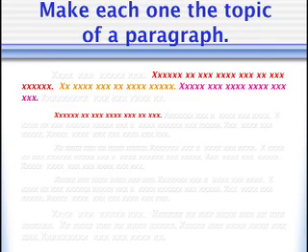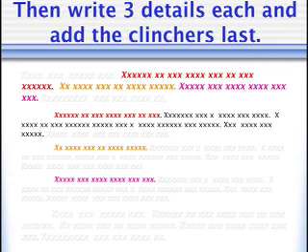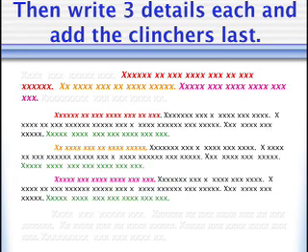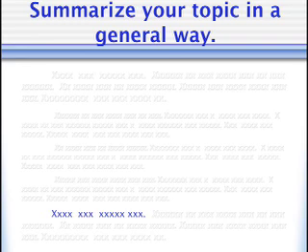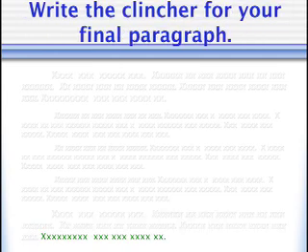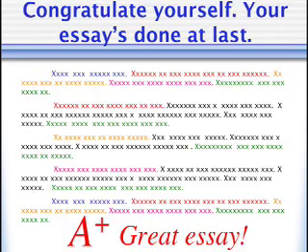Make each one the topic of a paragraph. Then write 3 details each and add the clinchers last. Summarize your topic in a general way. Then restate main details of what you've had to say. Write the clincher for your final paragraph. Congratulate yourself, your essay's done at last.